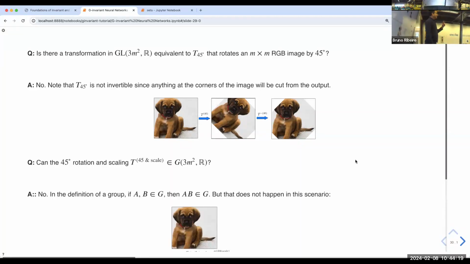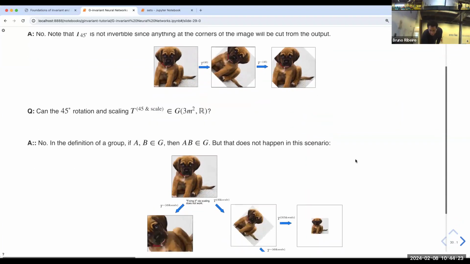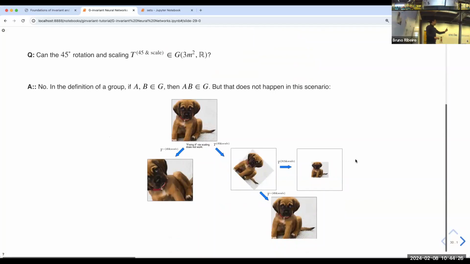By the way, there was a paper that was wrong because of this. So think about this. Remember, in a group, I can compose, and the transformations must be in the group, right? And you must have an inverse. So if I apply a scaling up, I get this. This is not invertible.